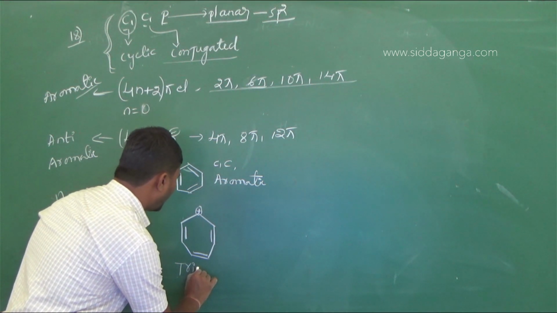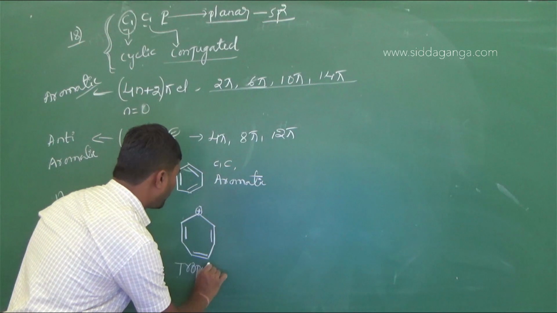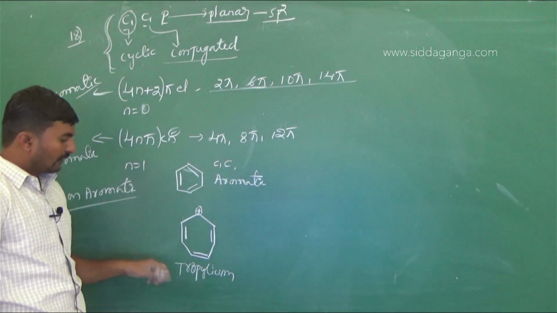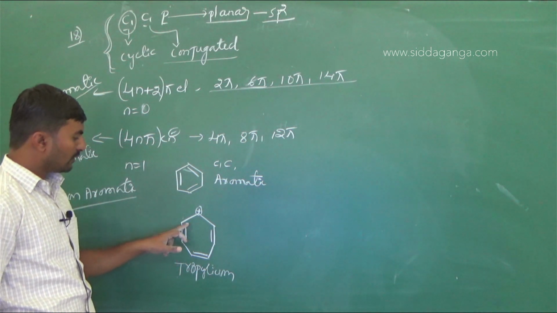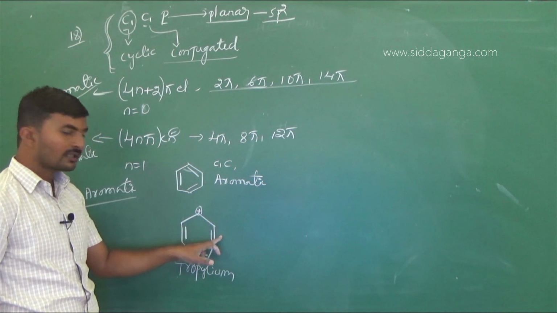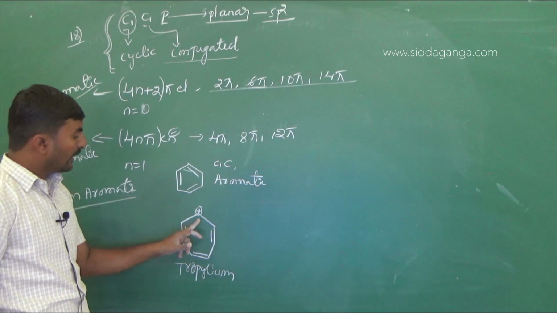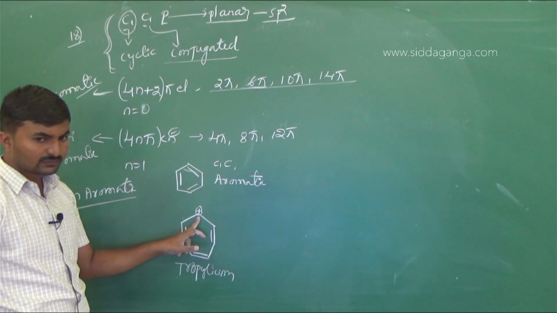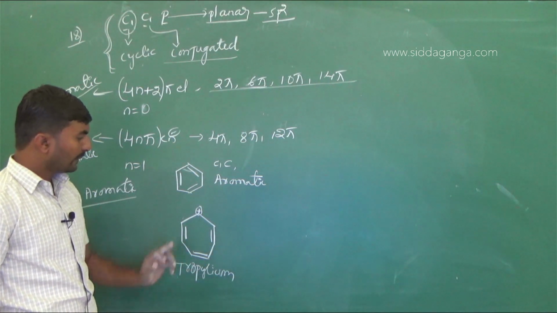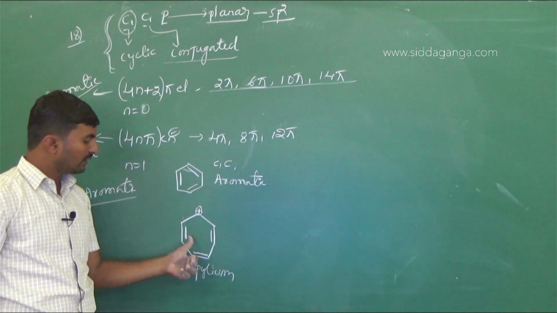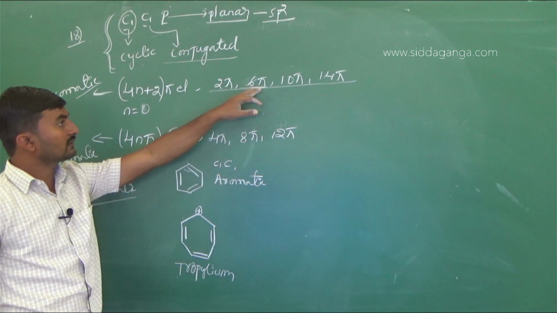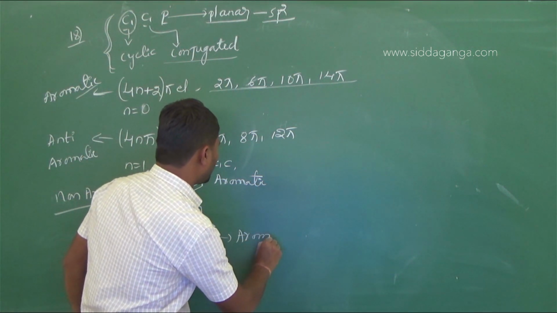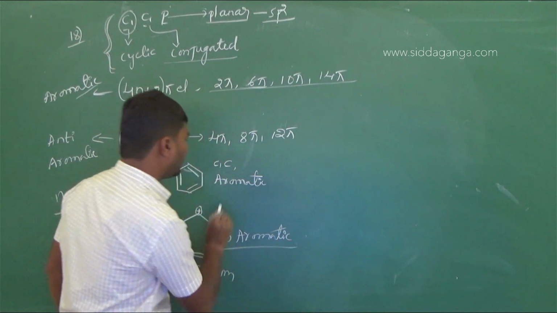So first it is cyclic, followed by double bond, single bond, double bond, single bond, positive charge, single, double. So it is conjugated, and the positively charged sp2 hybridized carbon has one vacant p orbital. Now count the number of pi bonds, 1 2 3, 3 pi bonds, so that gives 6 pi electrons. That is why this is also aromatic in nature. So this is also aromatic.